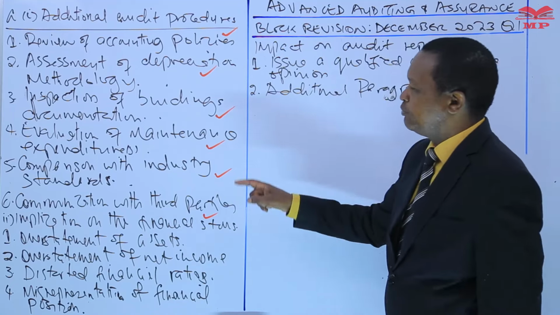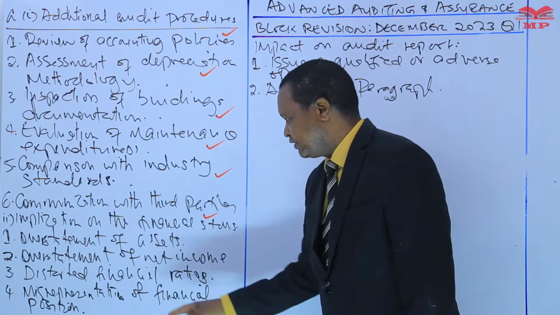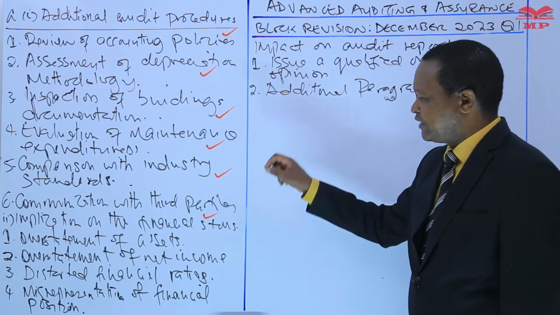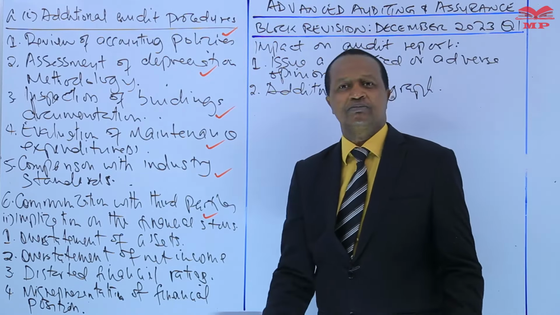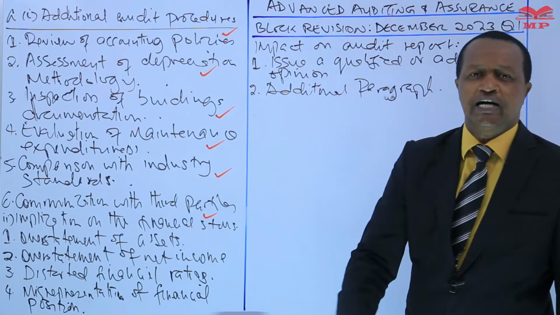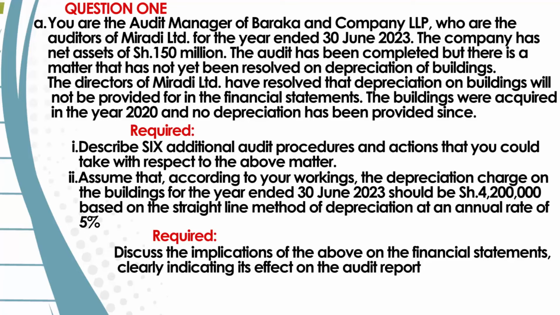But if there is an omission in depreciation, that can lead to misrepresentation of the financial position, which means that the financial position of the company as presented by the management does not present a true and fair view. So that is question A, which had 8 marks.